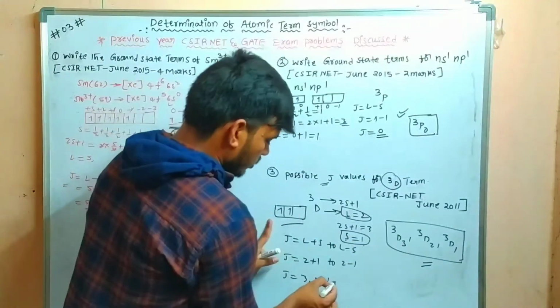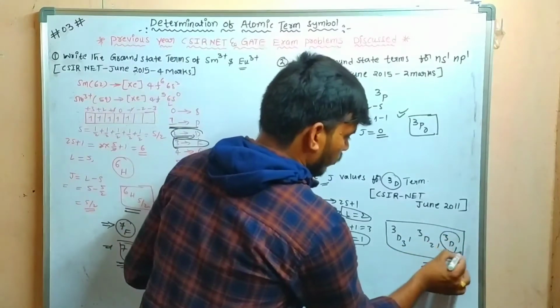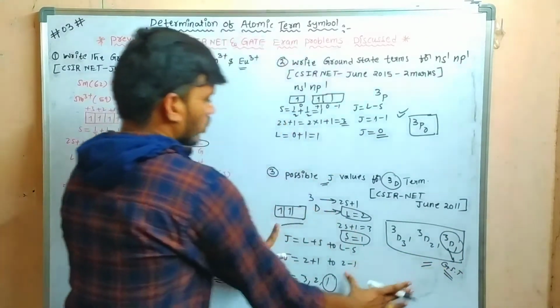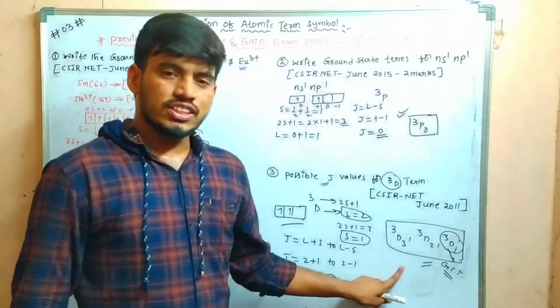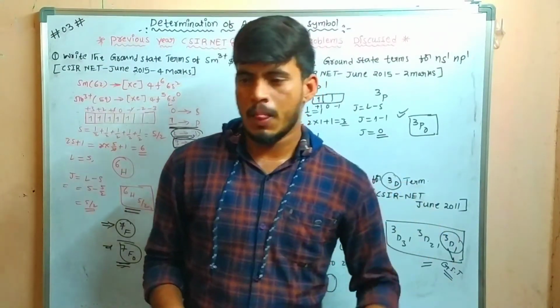So the lowest J value is 1, and the 3D1 term is the ground state term. This is one more important question in competitive exams. Okay, this question is clear. Coming to one more question.